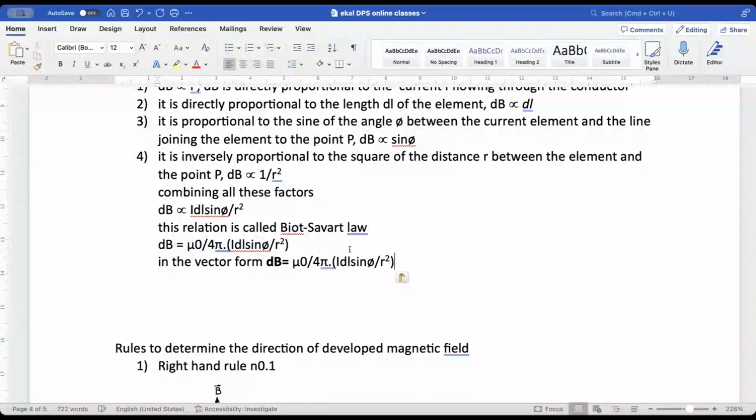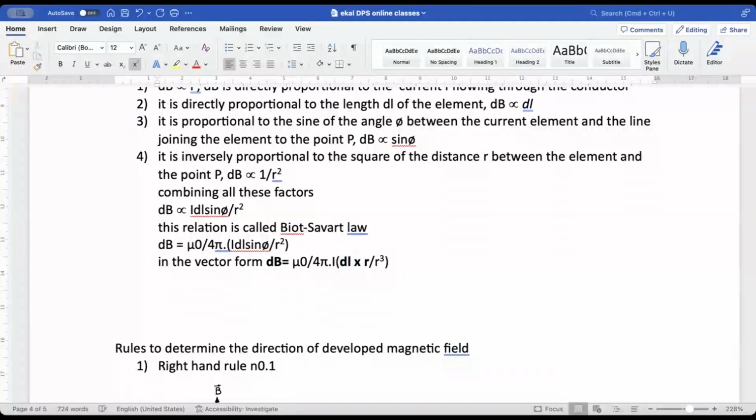Here I change this sine phi, I write I into dl, that's a length element, into r vector. So these two will be written as bold. Here r cubed will become r power 3.